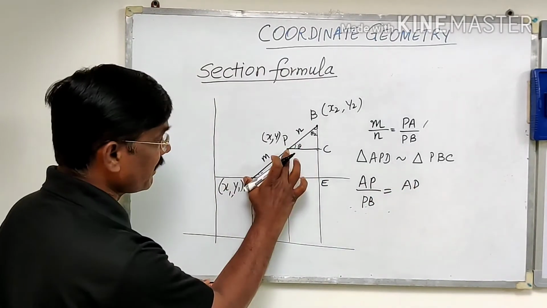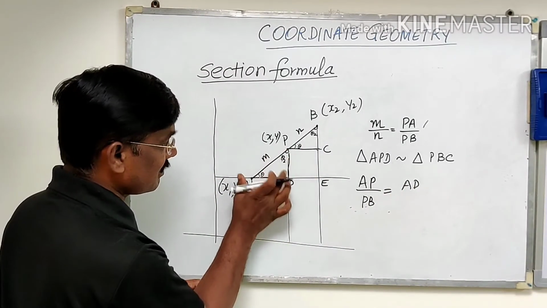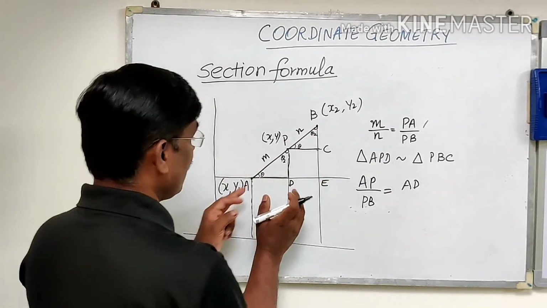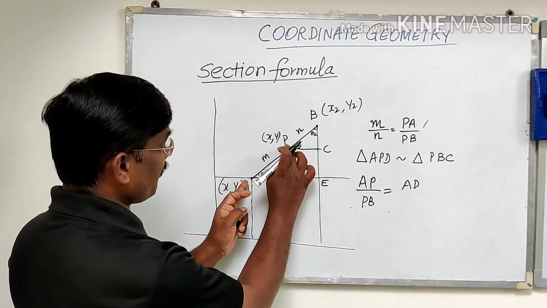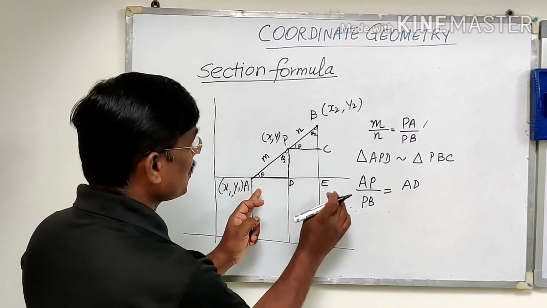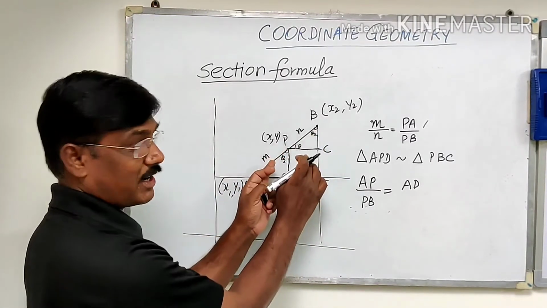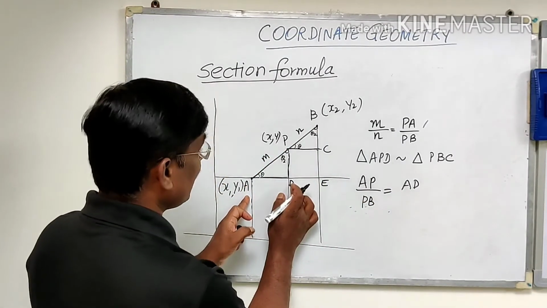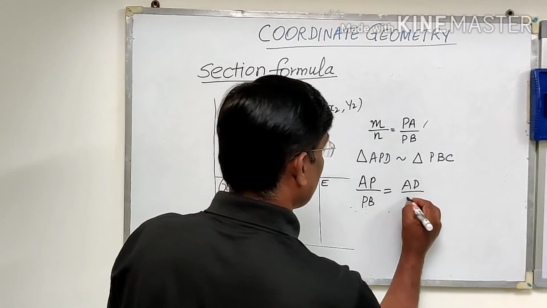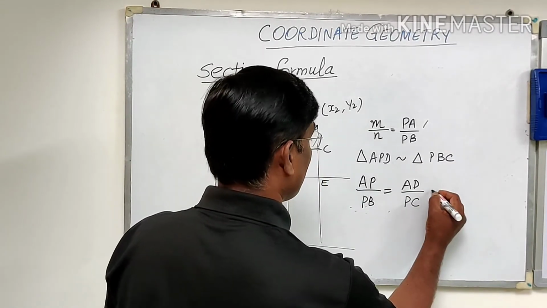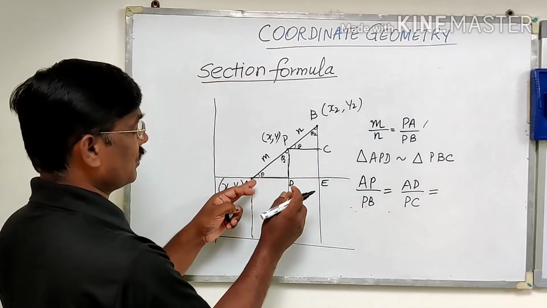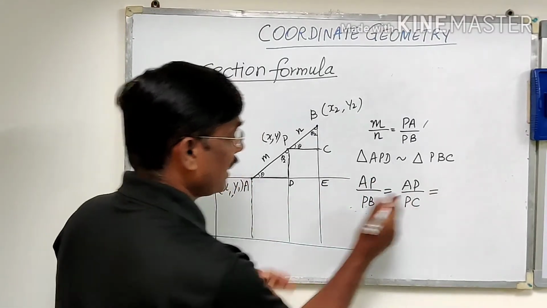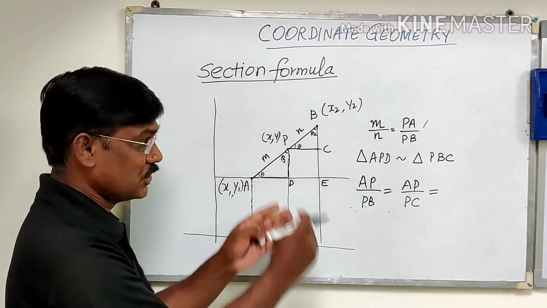Always start with the bigger triangle, then compare with the smaller triangle. So now I have taken AP of the bigger triangle corresponds to BP of the smaller triangle. Similarly, AD of the bigger triangle corresponds to PC, which is also equal to. These are ratios. These ratios are equal. I am not telling the lengths are equal. The ratios are equal.